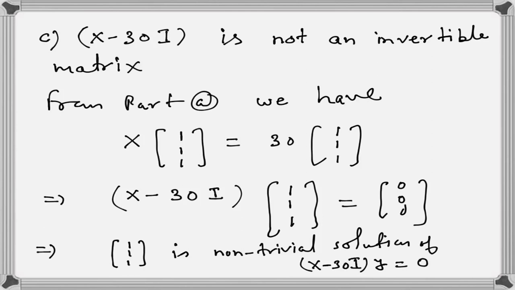Okay, so this implies that X − 30I is not invertible.